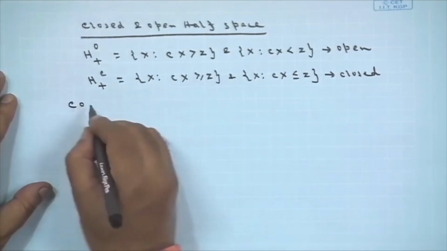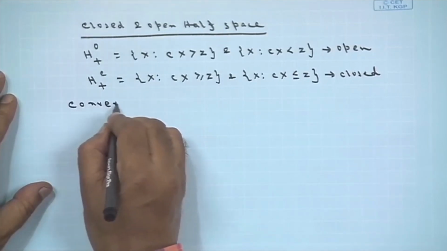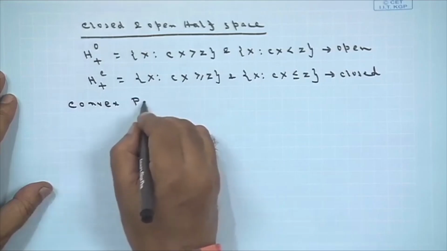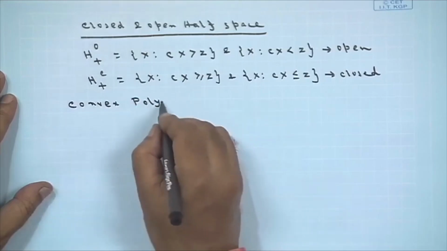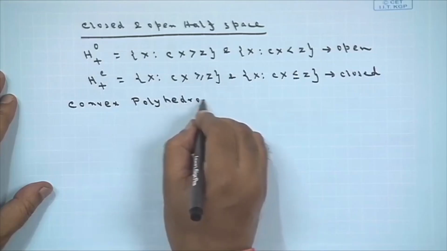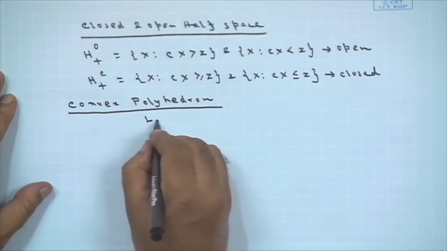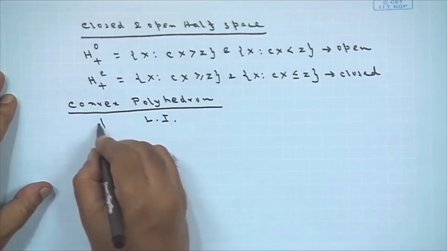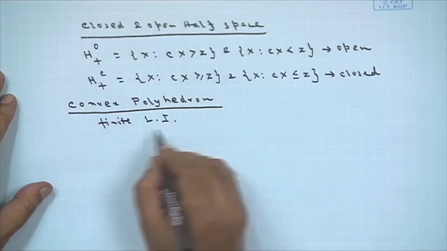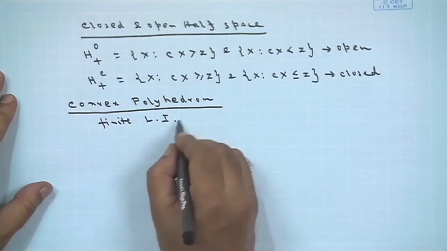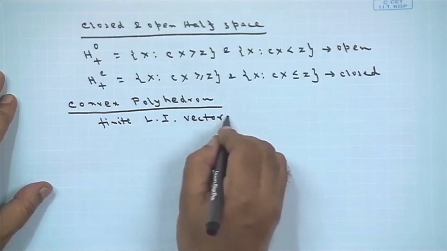The next definition is convex polyhedron. You have a finite number of, please note this, finite number of linearly independent vectors.